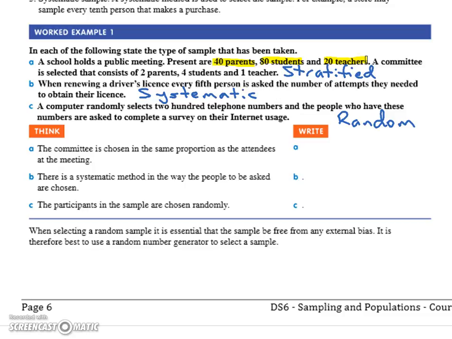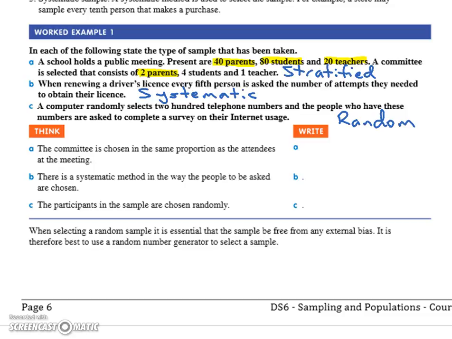Now, what they did was they selected 2 parents. If you have a look at the 40 and 2, what's the relationship between 40 and 2? How do you get from 40 to 2? Divided by what? If you divide 40 by 20, what do you get? 2.